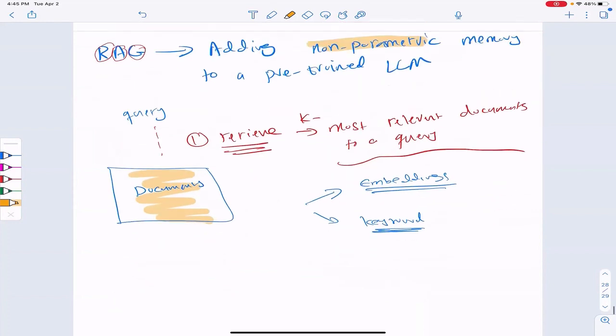Okay, and then we go to the next step, augment. Just augment these documents to your query.